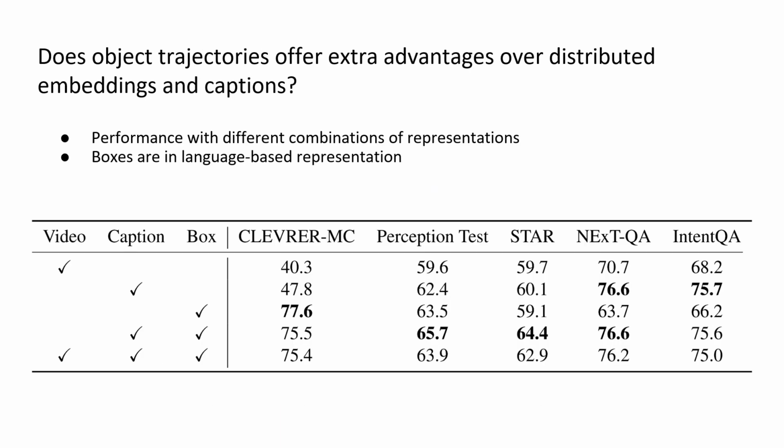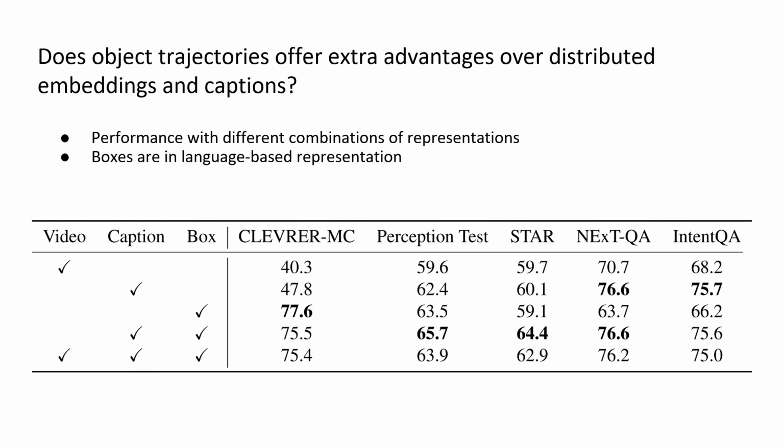Now we investigate whether the object tracking can offer extra advantages over visual embeddings and captions. We evaluate the performance of our model with different combinations of representations. Results show that caption and object bounding boxes together achieve the most competitive performance on most of the tasks.